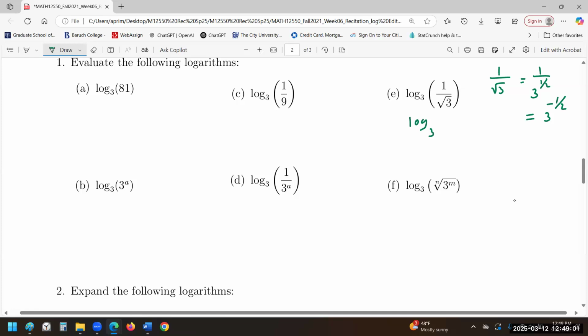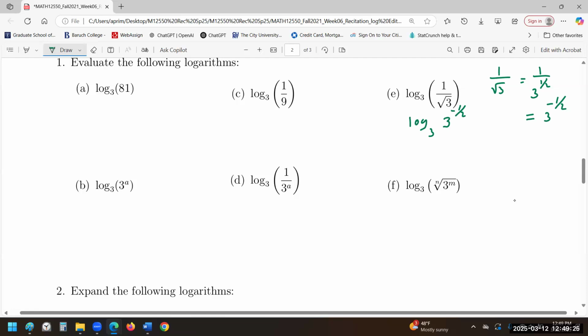These are the exponent rules from algebra class. Do you guys remember these rules? Anytime you have a fraction, it means a negative power. So we have a 1/3 with a 1/2 power on the bottom. It means we have a negative 1/2 power. So we can rewrite this as 3 to the negative 1/2 power.